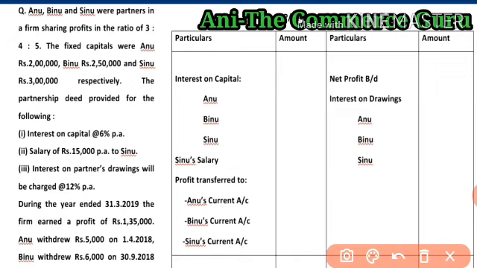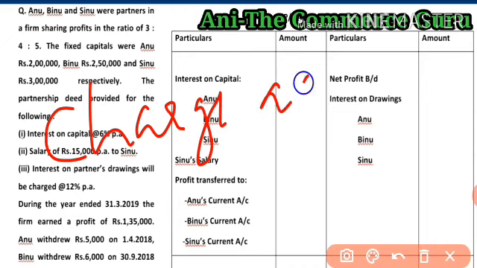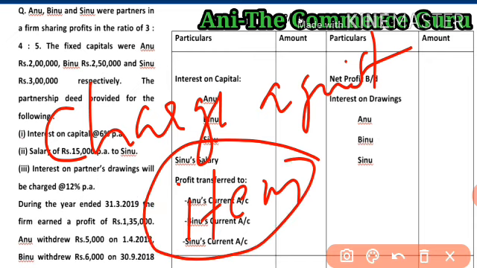Net profit is given in the question, and you need to check whether any charge against profit item is given in the question or not. For example, manager's commission, interest on partner's loan, etc.